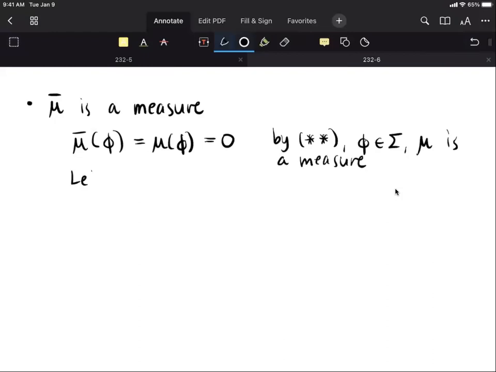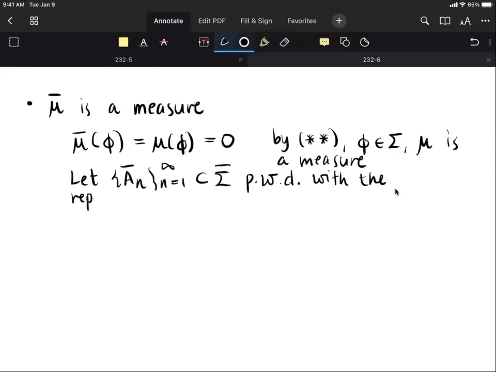Okay, let A bar n be a countable sequence, and it is pairwise disjoint, with the representations as in the first step, step 1.